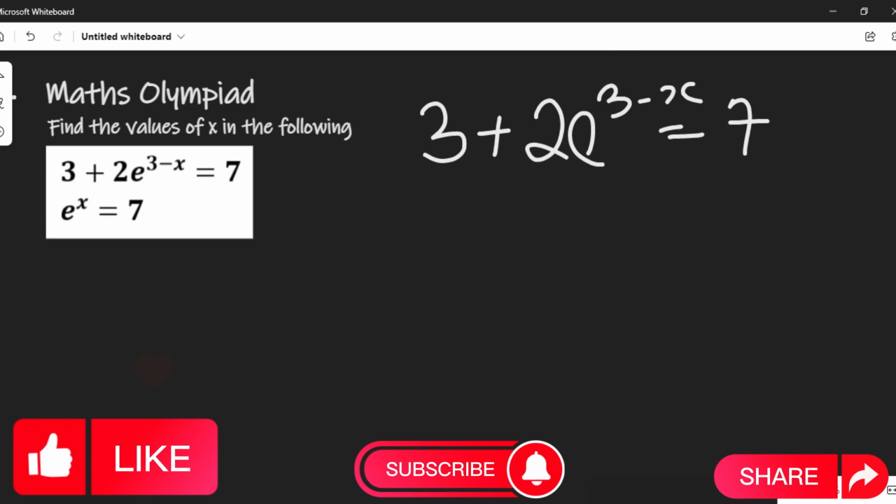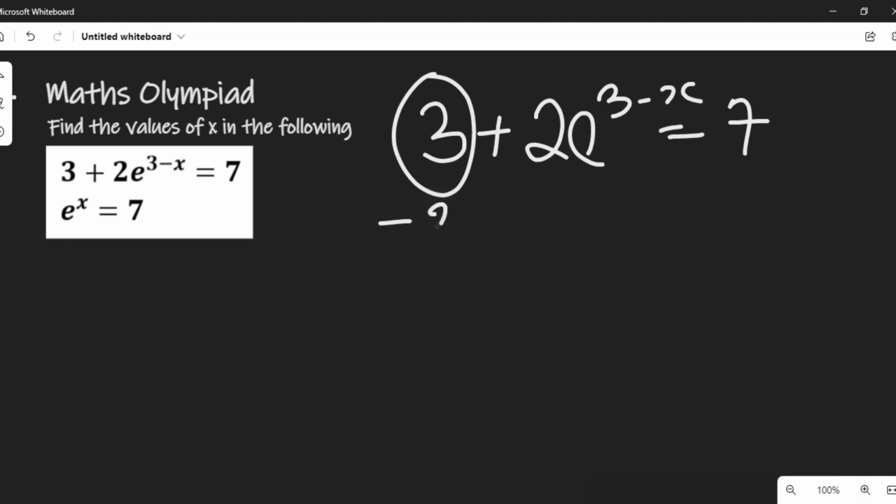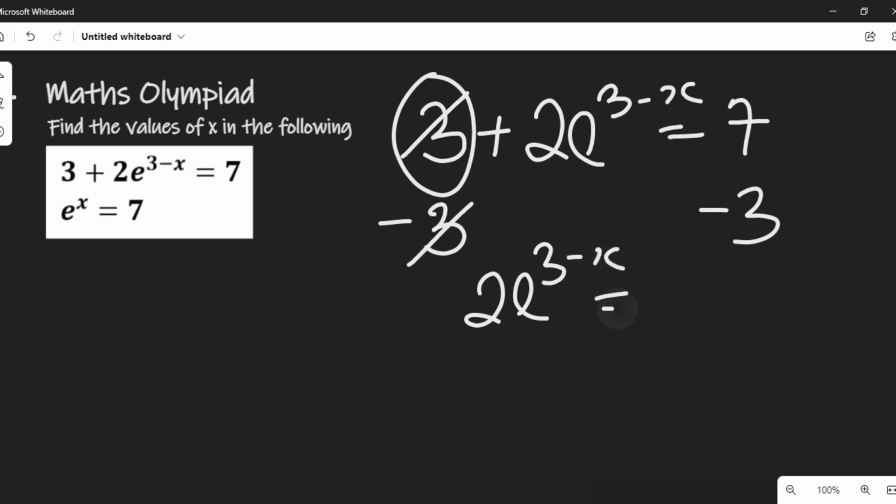If we subtract 3, this is to do away with this 3 on the left hand side. So if we subtract 3 from both sides, this will clear off 3, and then we'll have 2 e to the 3 minus x equal to 4.